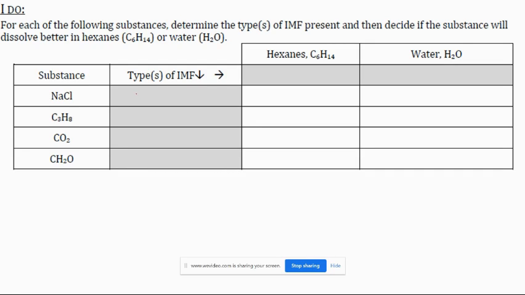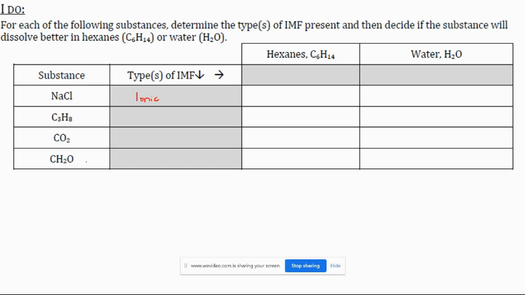Okay. IMFs. NaCl. Types of atoms. Okay, so CH2O. Where's CH2O?